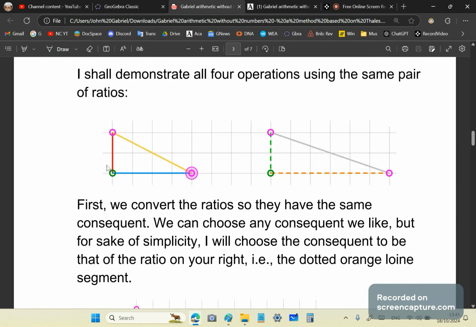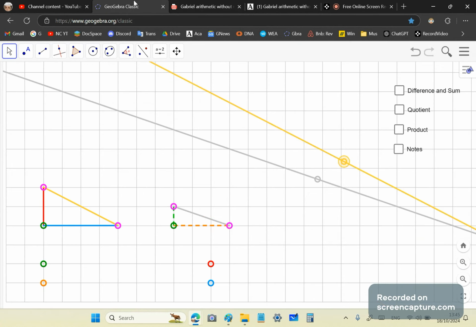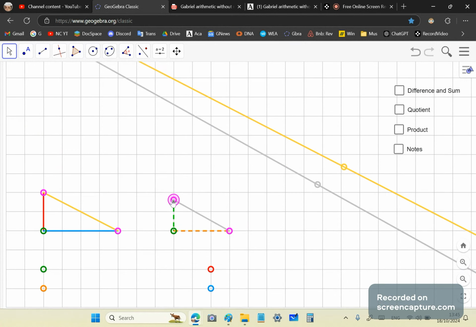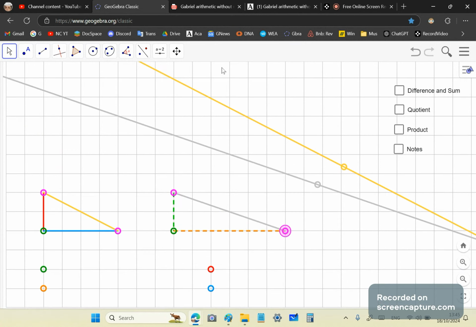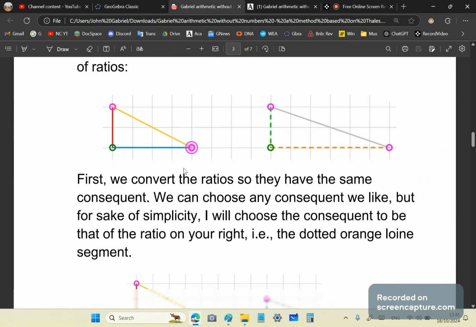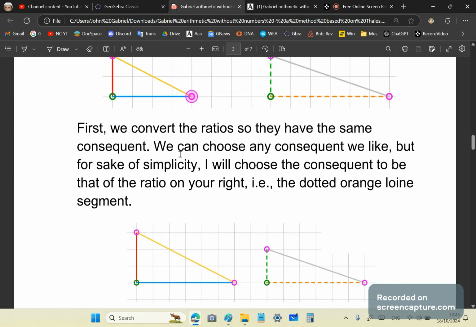So these are the ratios I'm going to use. Now they're the same ratios, right? So first we'd have to convert these two ratios so they have the same consequent. And we can convert them to any consequent we like, but for the sake of simplicity, I'll just choose this consequent on the right, the one with the broken orange line.